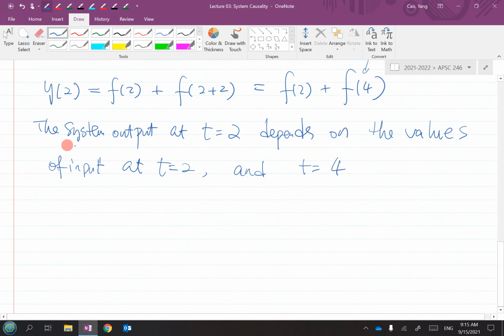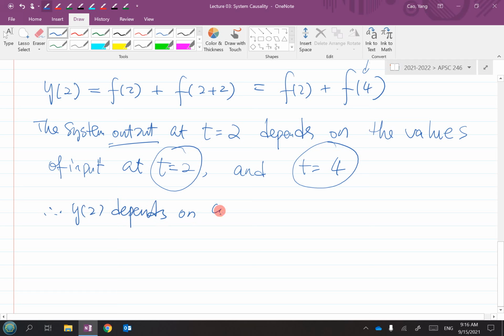So over here, in the current example, the output depends on the current input. And this one here, what do we call that? Future inputs. So you could write one more line here: y of 2 depends on current and future inputs.